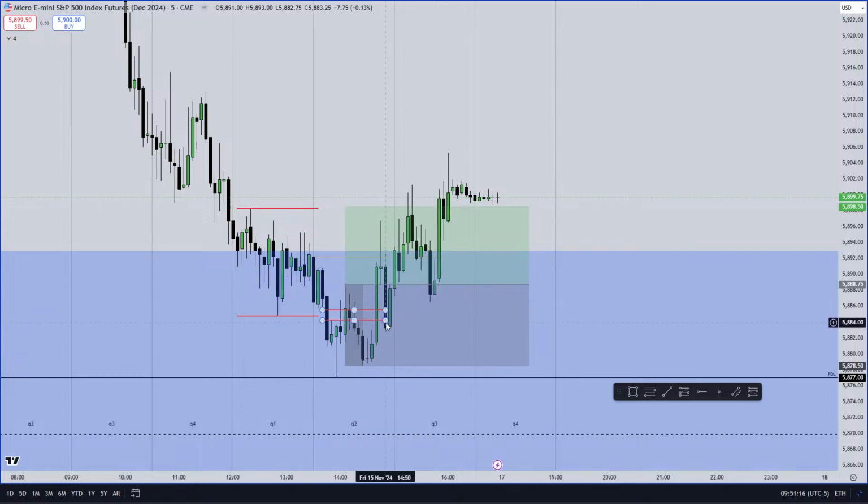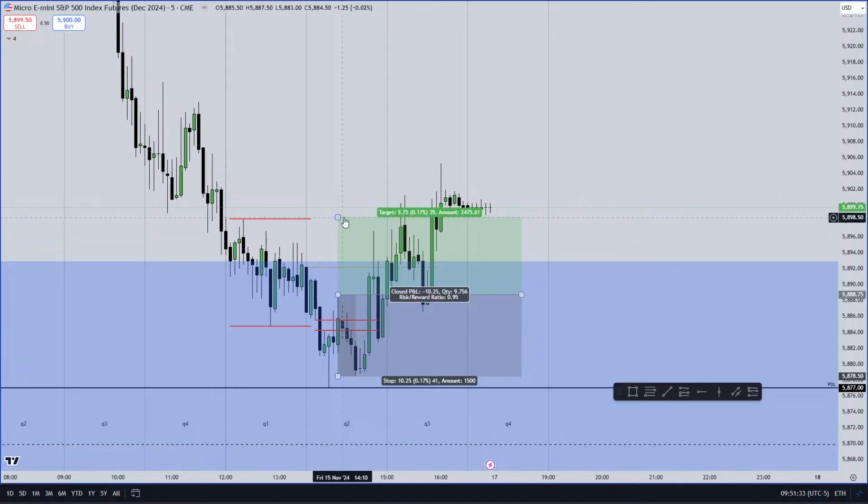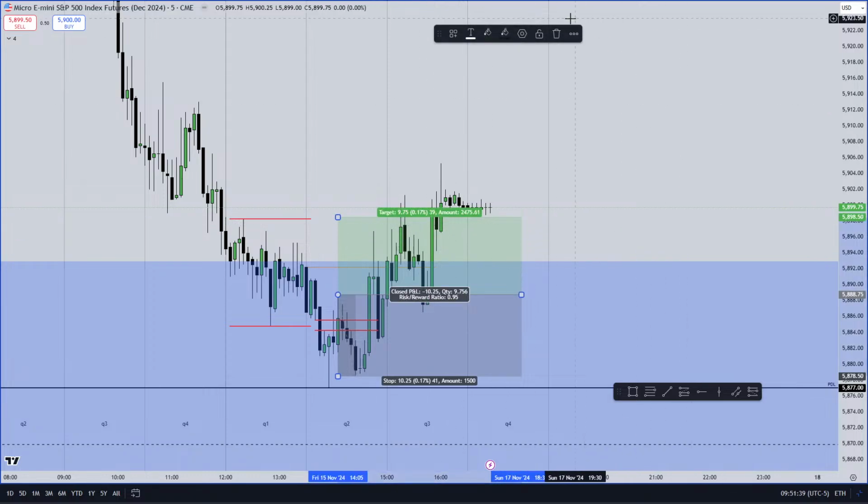The IFVG was disrespected, but that's why we need three barricades or three PD arrays when entering. So it was an easy trade. It did go up till here. My target was this, but since it was Friday and the markets tend to close, I took off at 1 hour and closed everything.